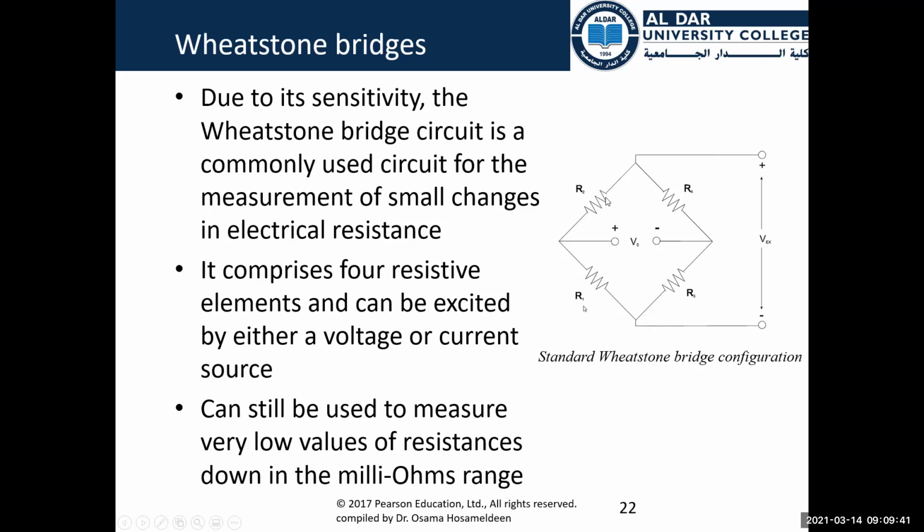R1 and R2 are in series, and R4 and R3 are in series, but this branch and that branch are parallel. This is the main concept of it. I will tell you how it works.